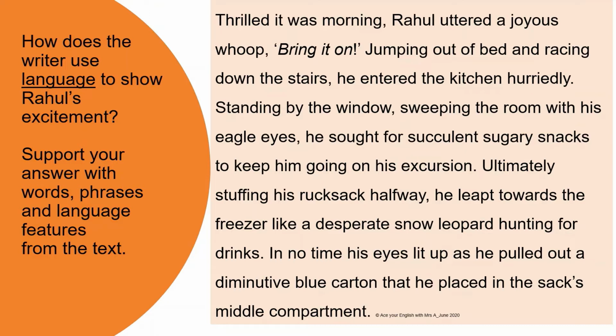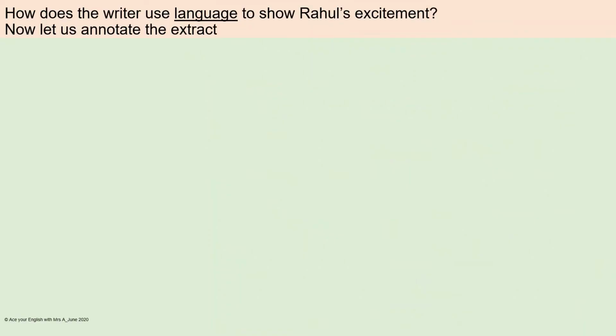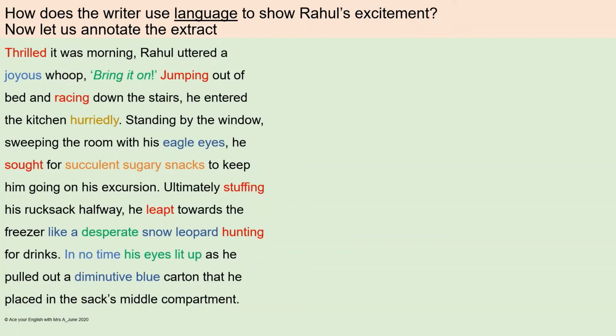Let's see if we can annotate this part of the text. So again, to remind us, how does the writer use language to show Rahul's excitement? Let's see the annotation. You will notice here that I have put some areas in different colours. Those are the bits that I'm annotating.